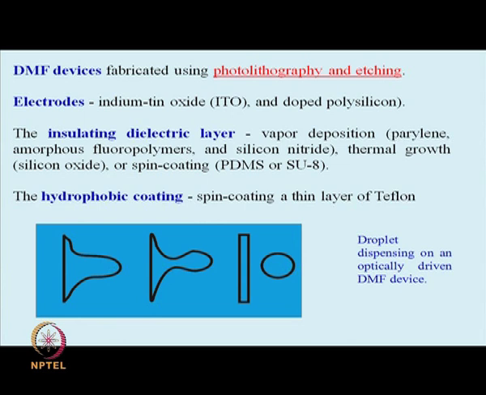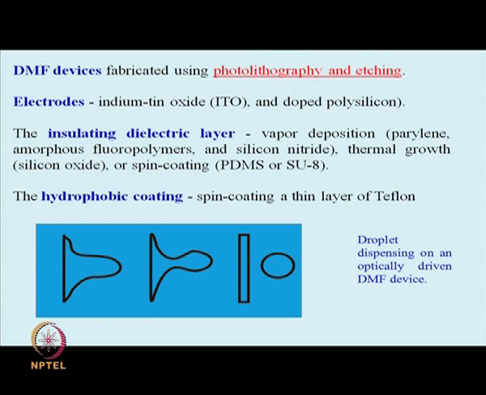And the hydrophobic coating that you see generally on the surface is Teflon. There is a specific solvent which dissolves Teflon, which is a fluorocarbon. So, Teflon powder is dissolved in fluorocarbon, and the dielectric is spin coated with Teflon, and this enhances the contact angle, and this also reduces the sticking of the droplet on the dielectric surface.